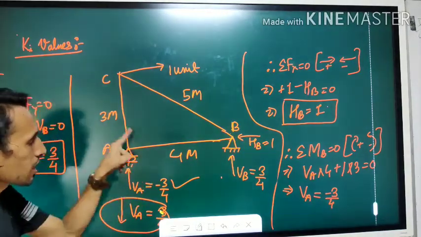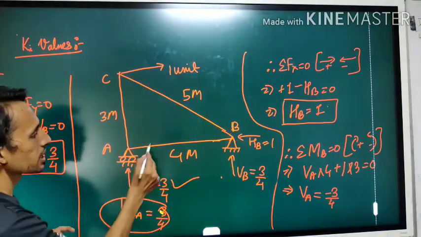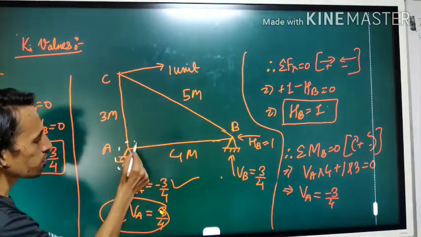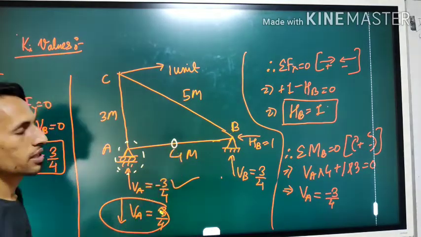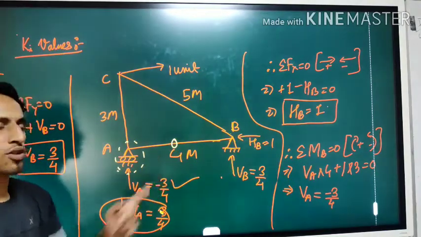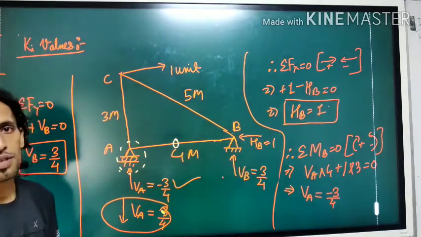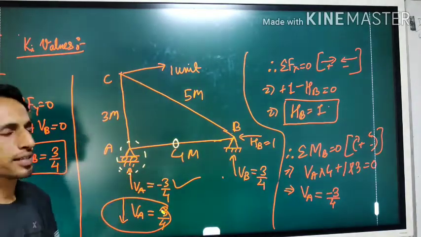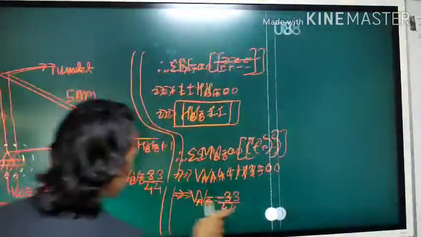Because I can clearly observe that from here this is coming out to be a 0 member force, so its value will be 0. So I will have only two forces to calculate. Let's start from joint A.